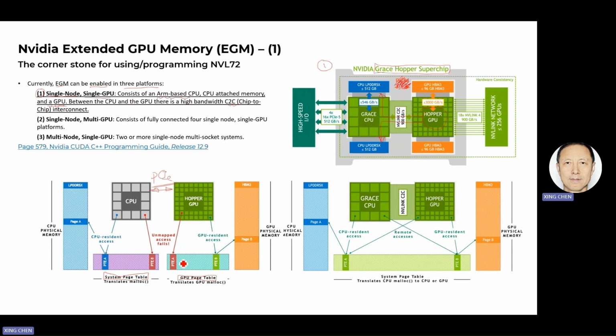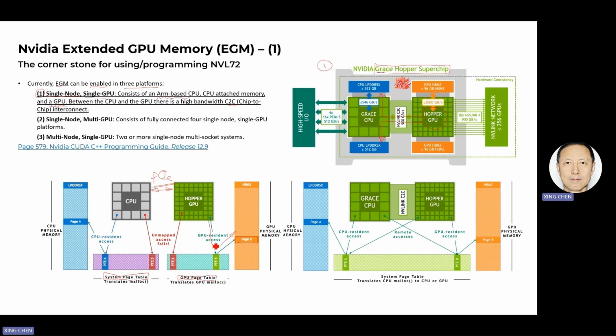To access a piece of memory, the first step is to ask the page table to do the virtual address to physical address translation. And then the GPU can use this physical address to read the data from the memory.